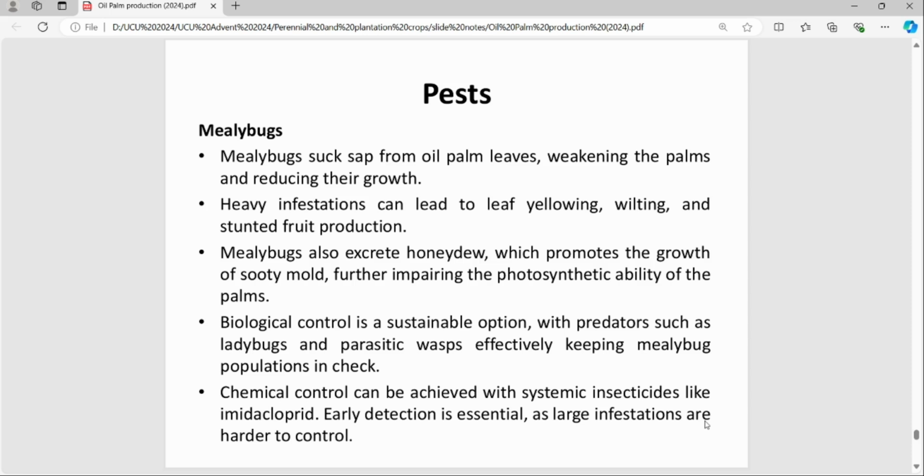So biological control is a suitable option where we use predators such as the parasitic wasps and the ladybird beetles. But chemical control can also be done by using systemic insecticides. And then regular monitoring is recommended so that there is early detection and control of the pests before they lead to drastic effects.